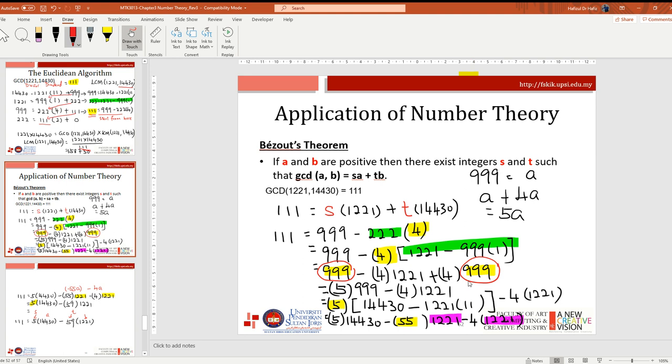Okay, this one is an application of number theory. We have the Bezout theorem. If A and B are positive, then there exist S and T such that GCD of A and B equals SA plus TB.